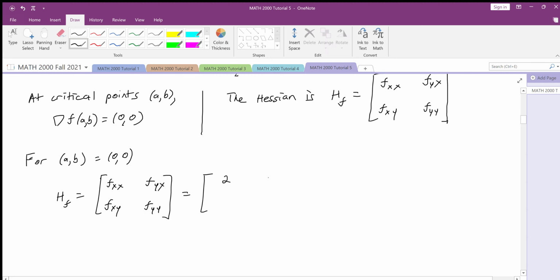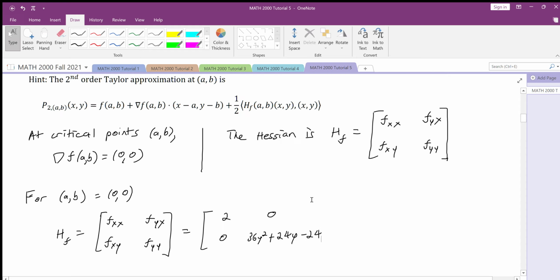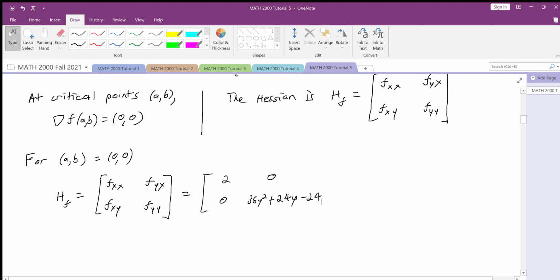So that's just going to be 2, 0, 0, 36y squared plus 24y minus 24. Let me double check that. Yeah. And in this particular case, where we're working with (a, b) equals (0, 0), the Hessian at this choice of (a, b) simplifies even more.